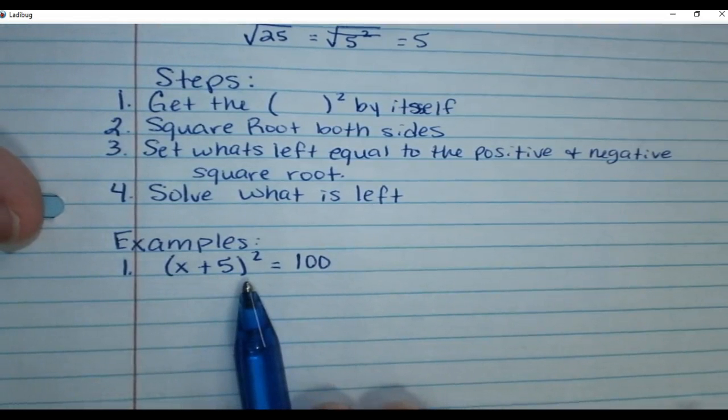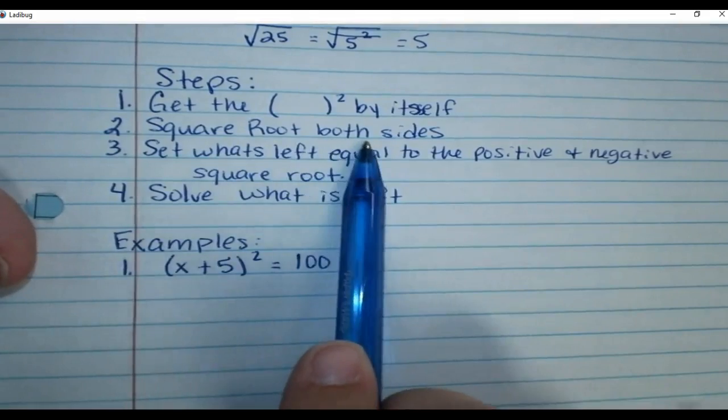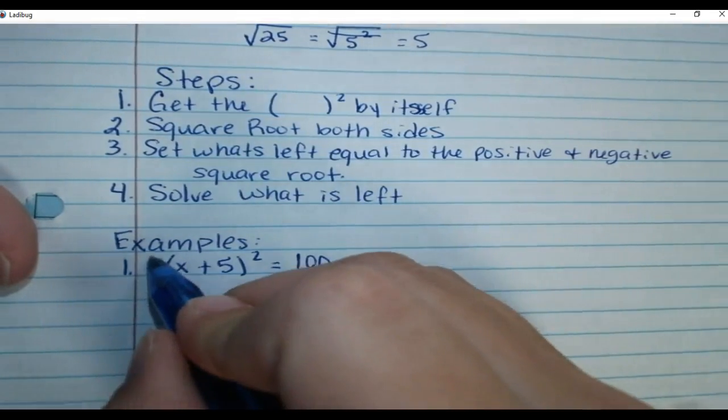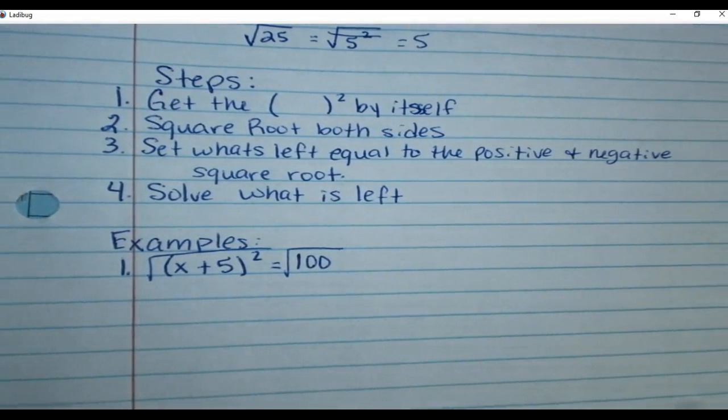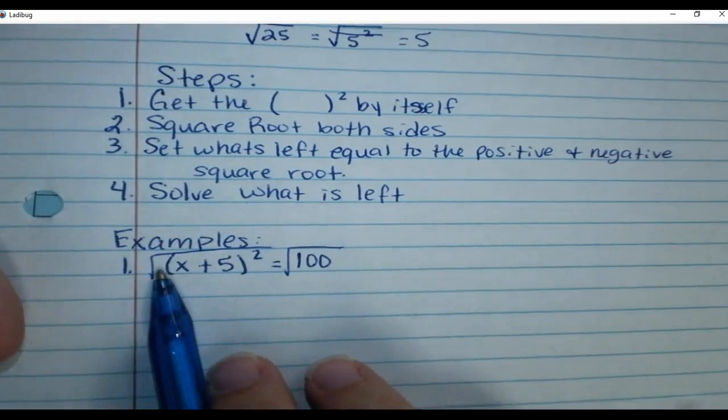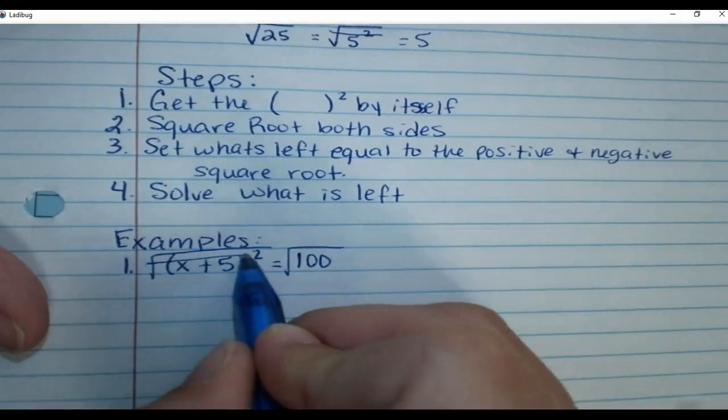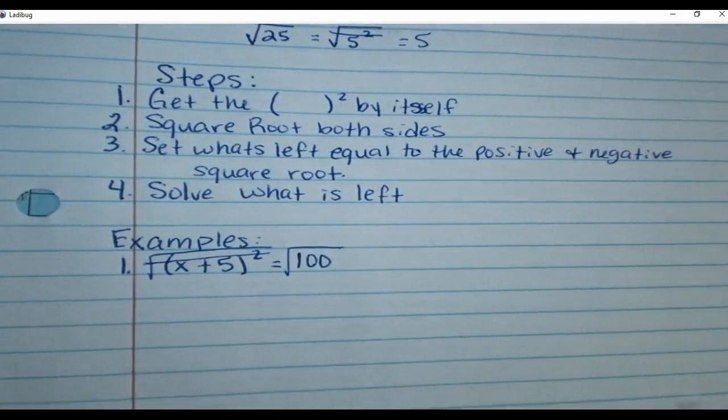Is that already done? Yeah, so we don't have to worry about that. So then we can move on to our next step, which is square root both sides. So I'm going to square root this side, and I'm going to square root this side. Okay. So on the left, this square root and that square cancel out.